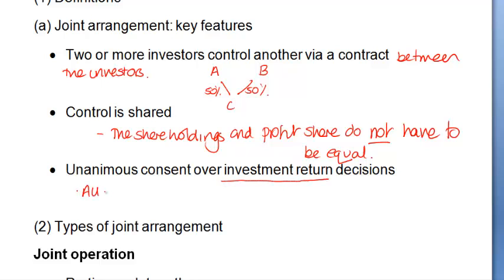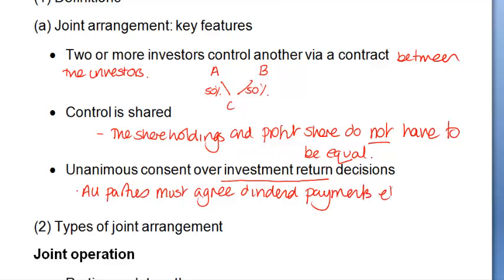So all parties must agree dividend payments, etc. So do we have a contract between the owners? Do we agree to share control? And do we have to agree 100% on the level of dividend payments? Those are the 3 key things we look for.